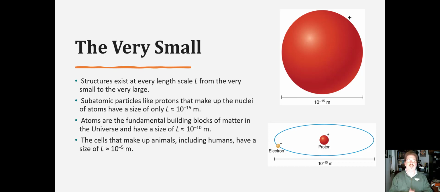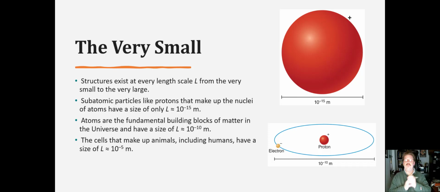And so when we're talking about scales, to give you an idea, the proton, the nucleus of the hydrogen atom, is around 10 to the negative 15 meters. Or, to put it more easily, 15 orders of magnitude smaller than you.